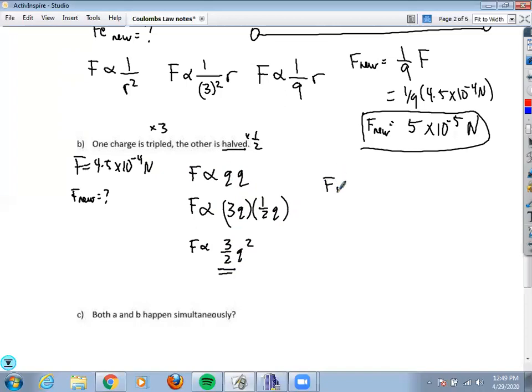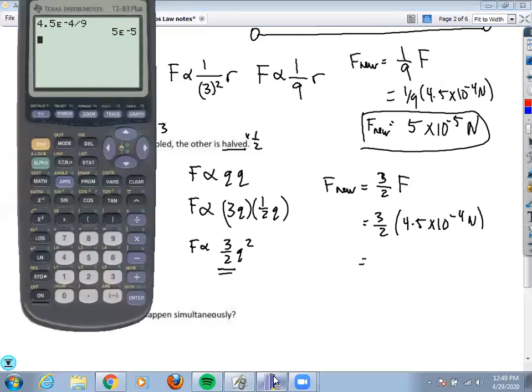So F new will equal 3/2 times F. So 3/2 times 4.5 times 10 to the minus 4 newtons. So 4.5 times 10 to the minus 4 newtons times 3 divided by 2.